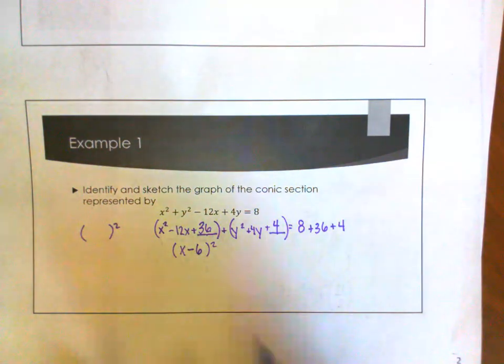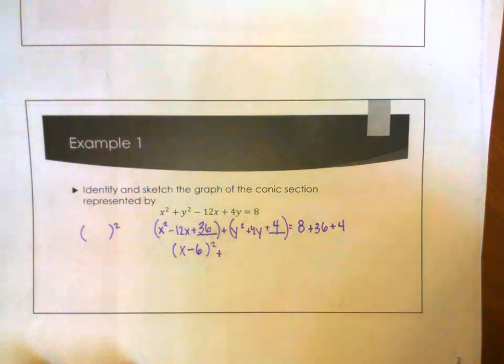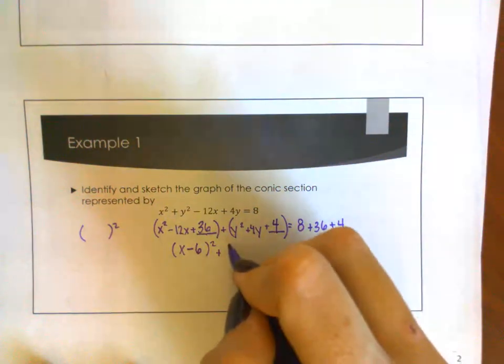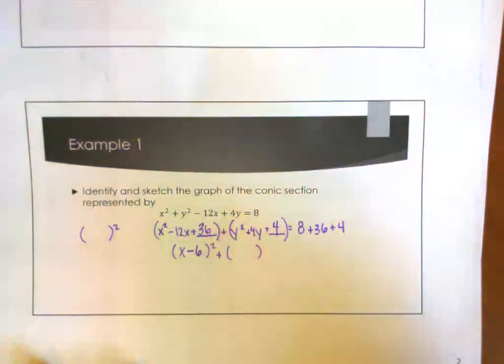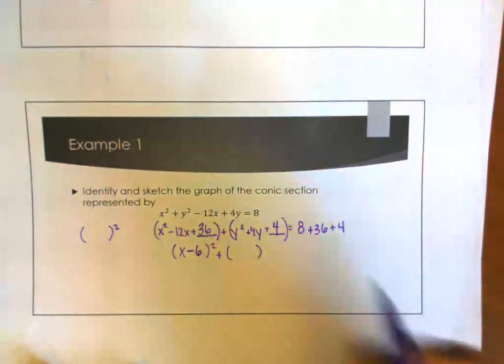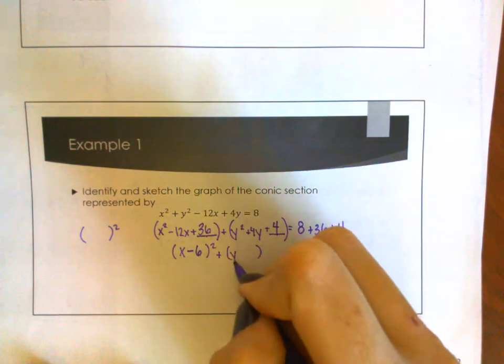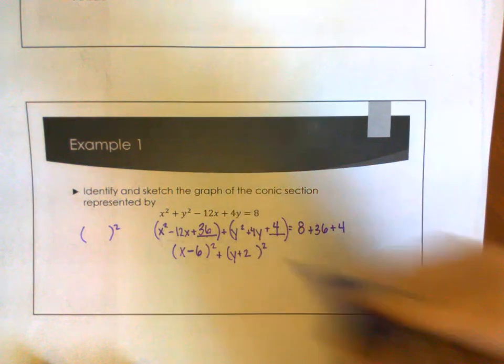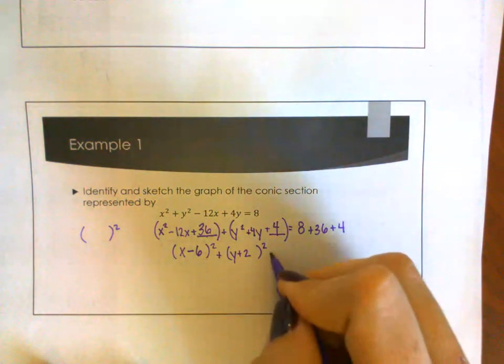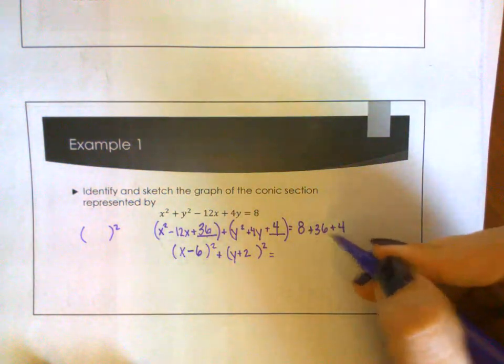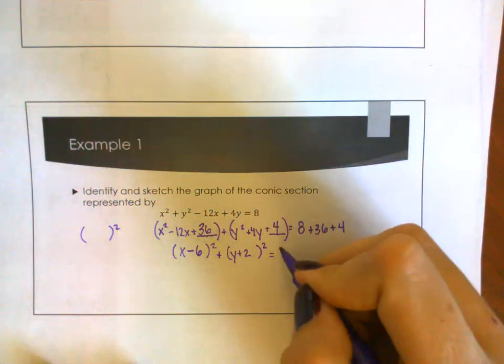So that works. Now, we have plus, what's going to go in this parentheses? We're going to have y plus 2, quantity squared. When we set that equal, we've got 36 plus 4 is 40, plus 8 is 48.